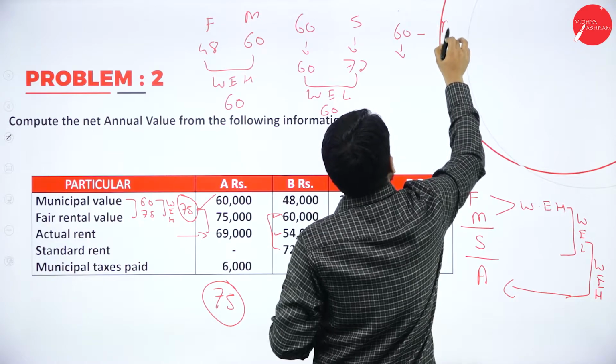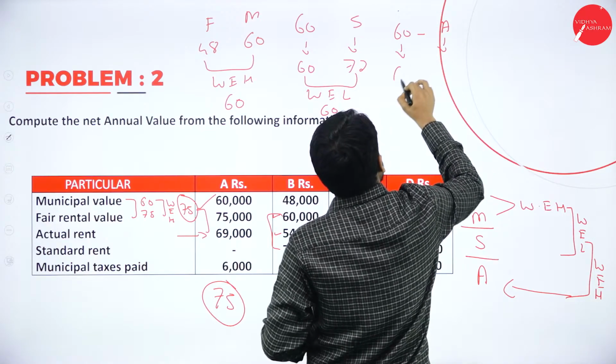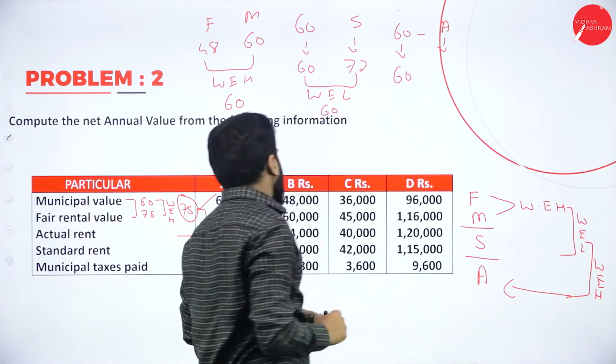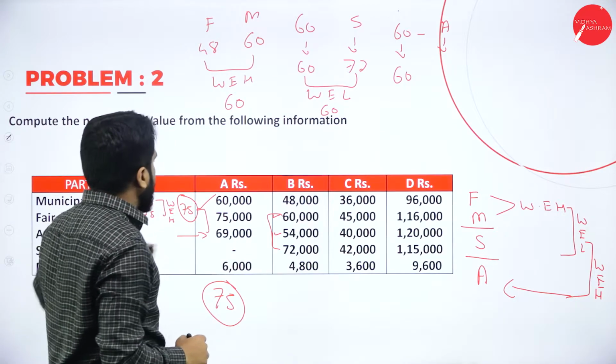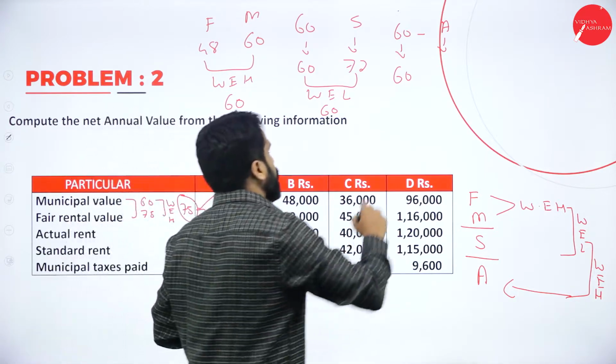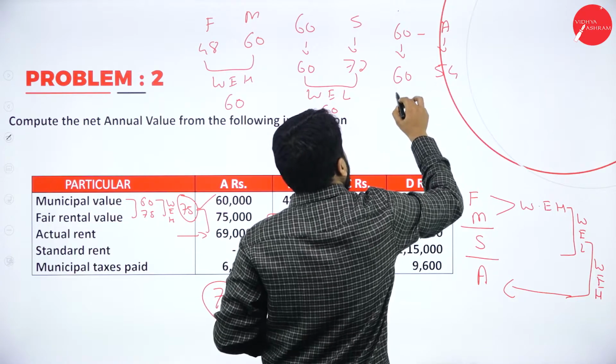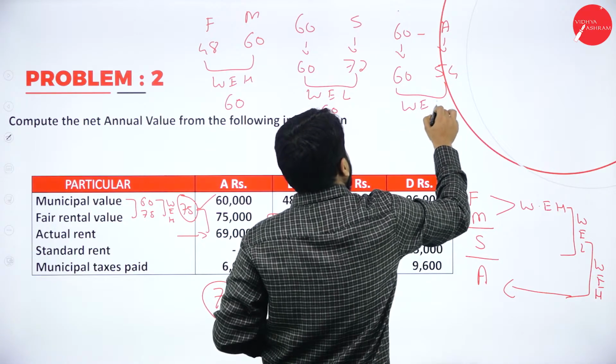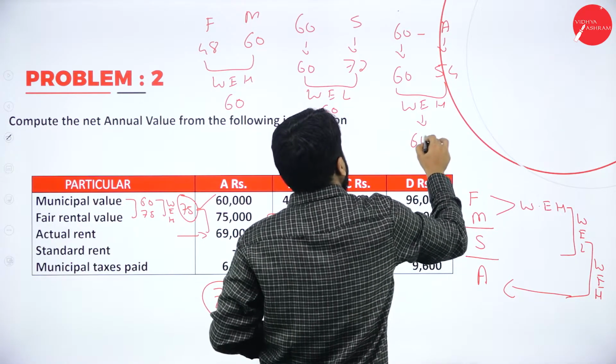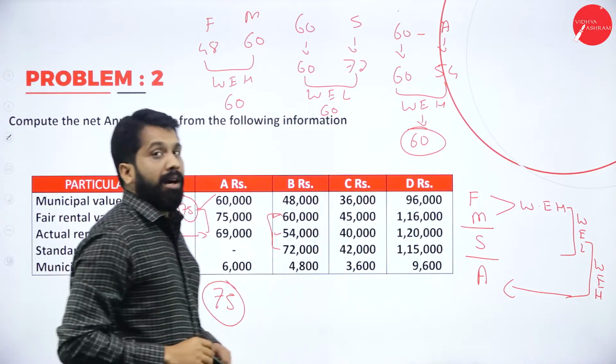Your actual rent is 54,000, so 60,000 will remain as it is. Actual rent, how much have you received? Actual rent you have received is 54,000. Whichever is higher, your answer is 60,000. Clear?